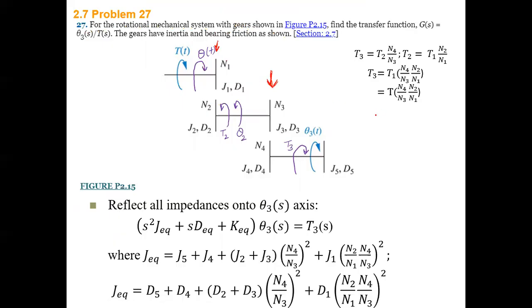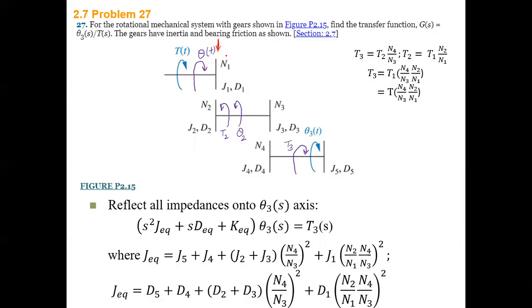So this kind of system is called a gear train. You have more than one gear system, so gear train. All right, so let's look at this guy here first. Look at this location here.